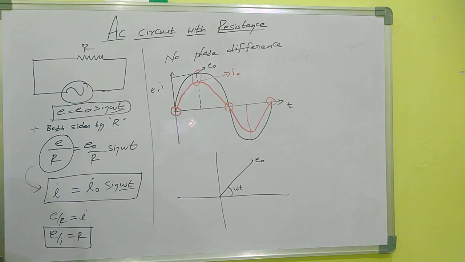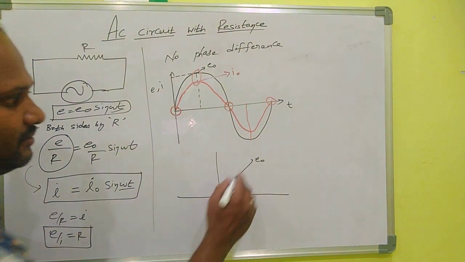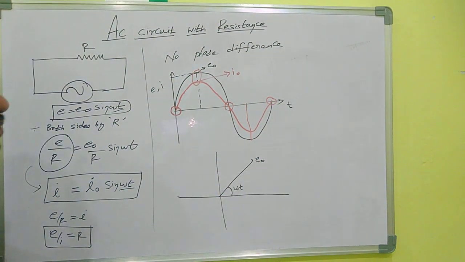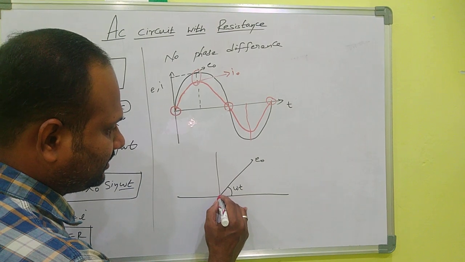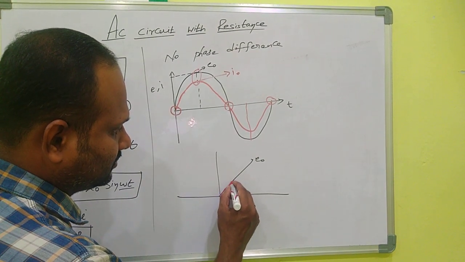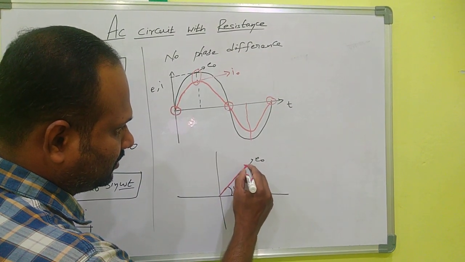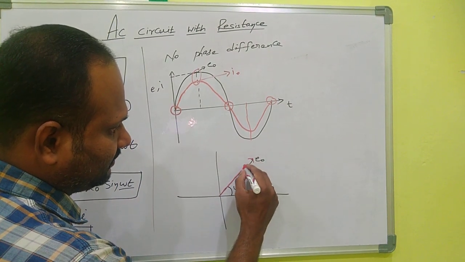This we studied in the last class. So when the E naught vector is here, it makes an angle omega t. What will be the current? The current is represented by the red line. Here, this is the E naught vector. This is the current.